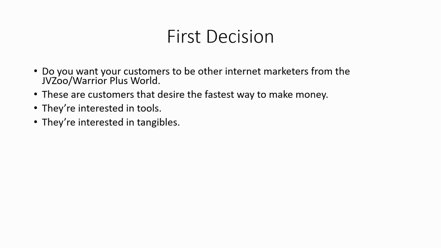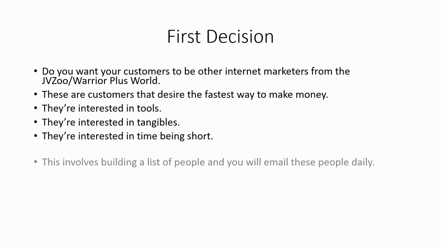But you must find things that are going to be tangible so that people will be able to make money the next day. They're interested in time being short. So, Jim says they're looking for the fastest, easiest way to make money. That's right. They're interested in 3 T's: tools, tangibles, and time being short. Right? If you're going to commit to that market, that's what you have to commit to.